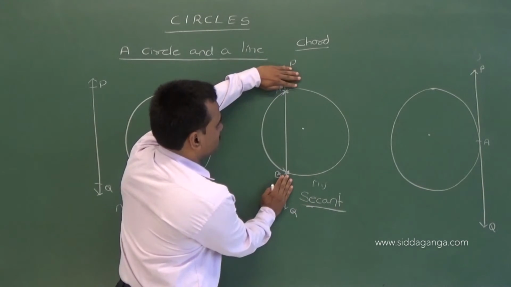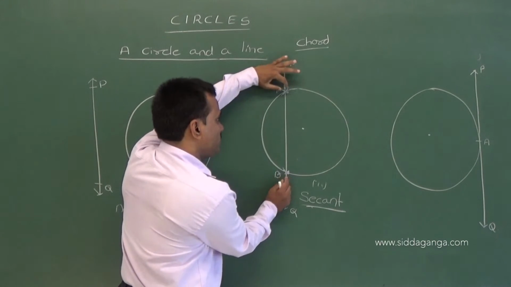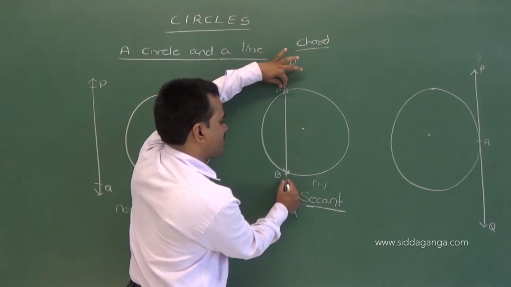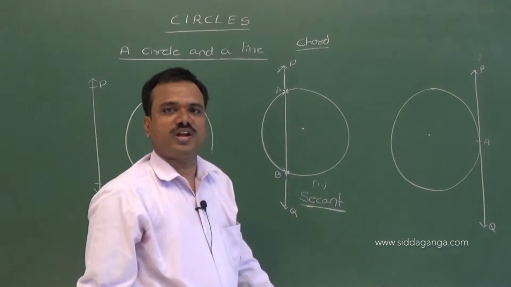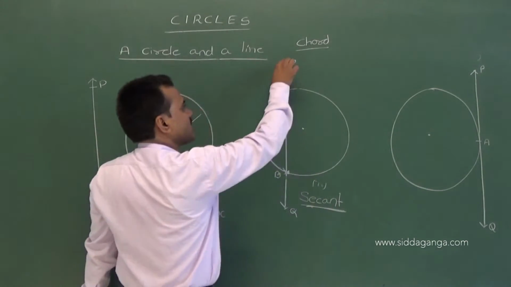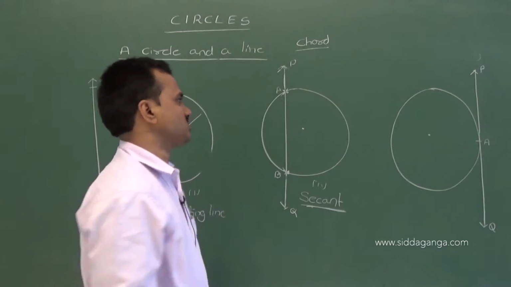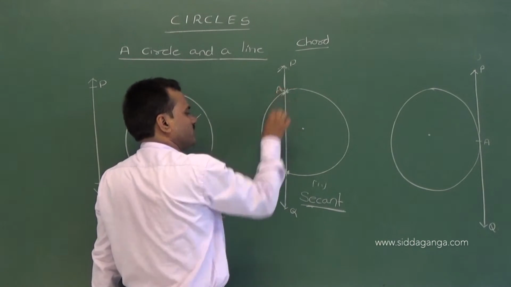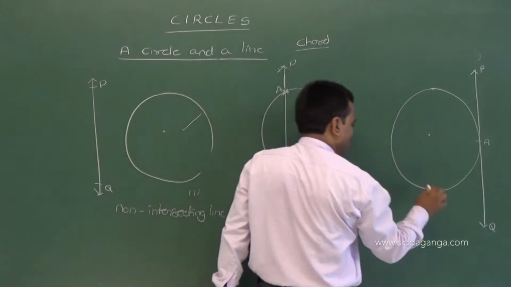Then AB we call a chord. If the chord extends infinitely, then that line we call a secant. So a secant is a line that intersects the circle at 2 points A and B. Second one over.